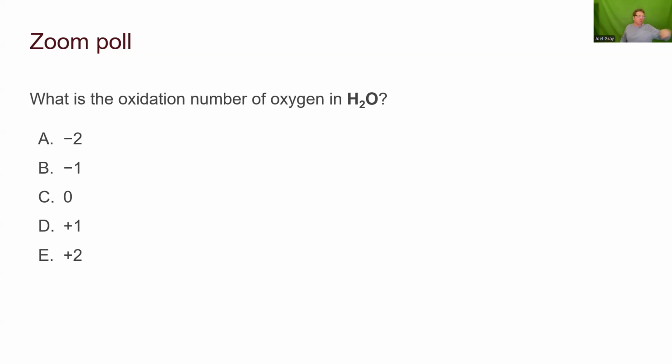Okay, now what's the oxidation number of oxygen in H2O? Add this one to the chat. There might be a bonus point in it for you. We're looking for oxygen in H2O.